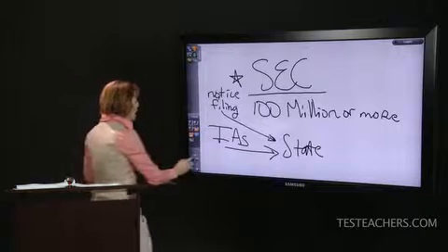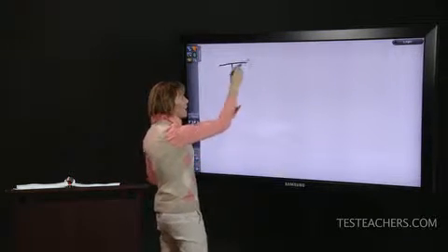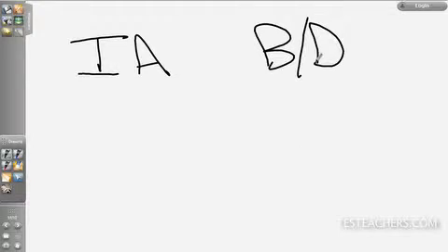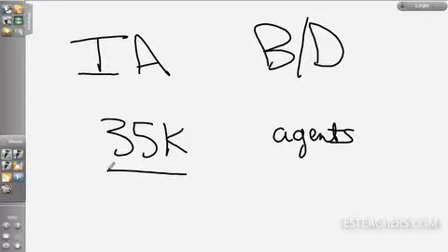A fidelity, a surety bond, may have to be posted by the same persons that had to file consent to service of process: broker-dealers, IAs, and agents. The amount of the bond is $35,000. It protects clients from lost or stolen money or securities.